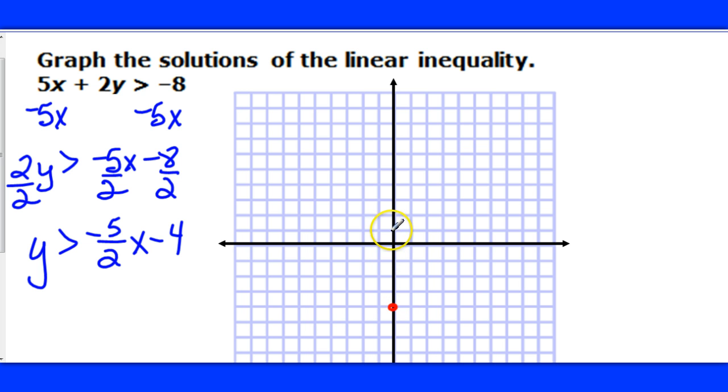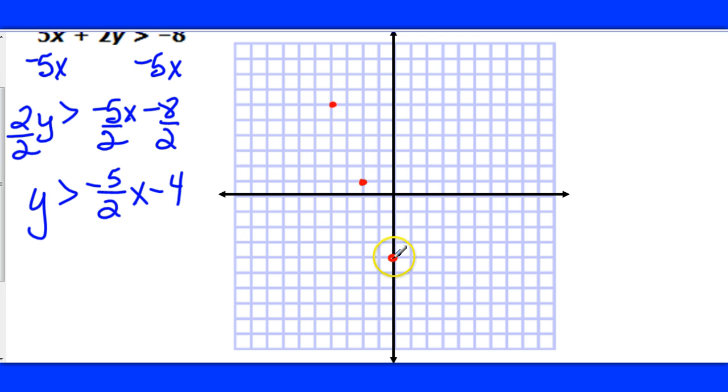We're going to go up 5, left 2, up 5, left 2, or we could have let the negative go to the 5 and go down 5, right 2, and either way they're going to make a straight line. Since this does not have a solid line here, it will not have a solid line here, so we will put in a dotted line, and that's our boundary.